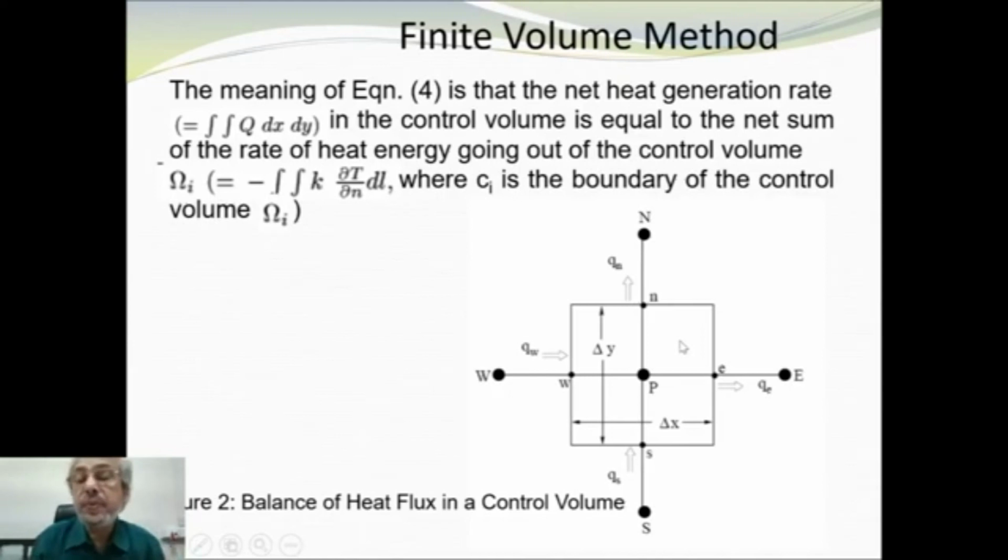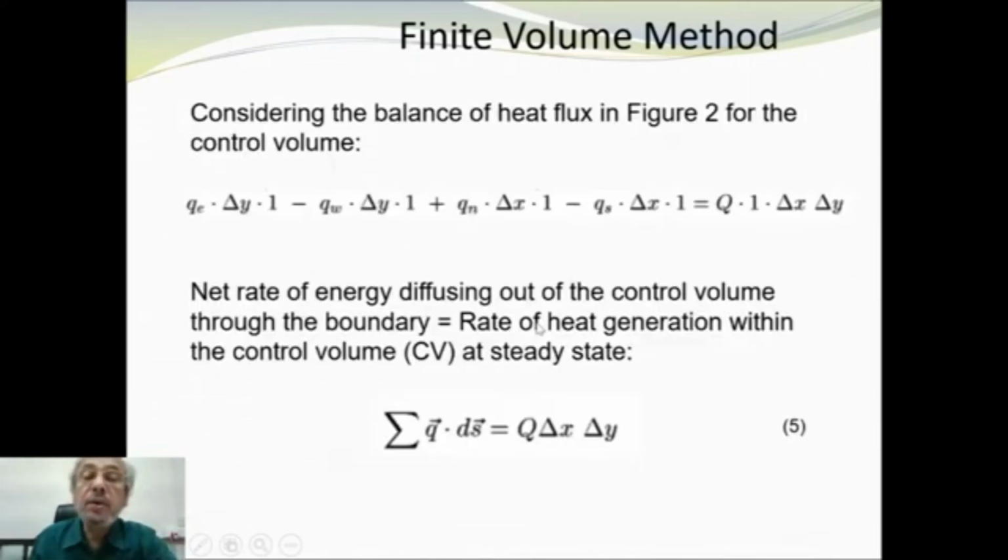And we can use the nomenclature: if QE is positive, for the control volume, it is away from the confining surface, and QW is coming to the confining surface, so it will have the opposite sign. So that way, QE into delta Y into 1, where 1 is the depth, minus QW into delta Y into 1.